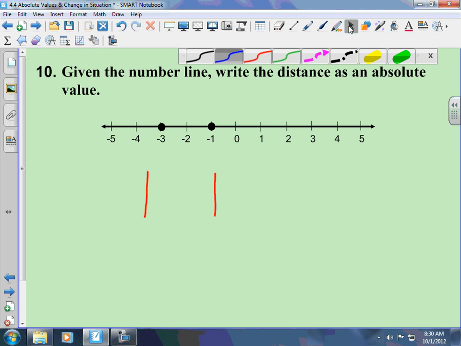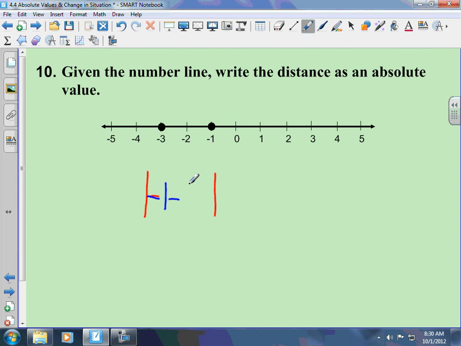Negative 1 is my bigger number. It is to the right of negative 3. So negative 1 goes first. Big minus, what's my smaller number? Negative 3. So now I have the absolute value of negative 1 minus negative 3.